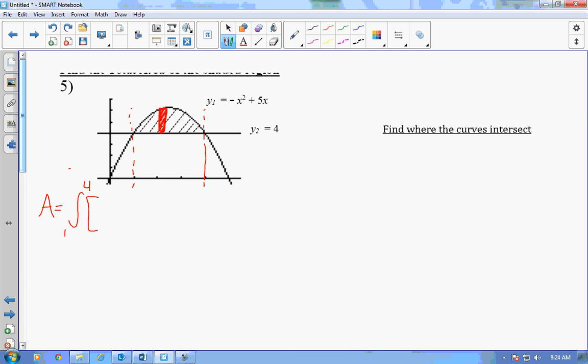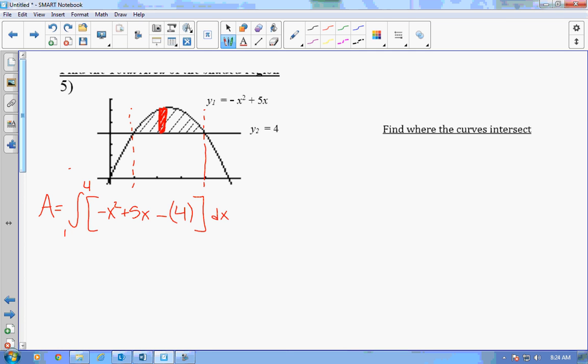Alex, what's the top function of the shaded area? Good. Minus the bottom, which would just be y equals 4. Now, had there been more with 4, parentheses definitely would be important. But just 4, you don't technically need those parentheses.